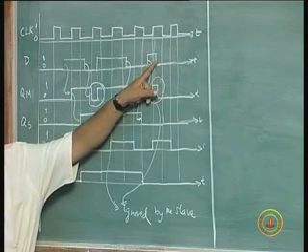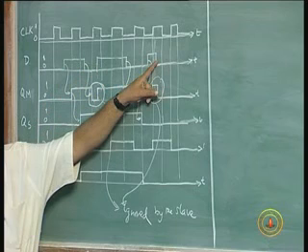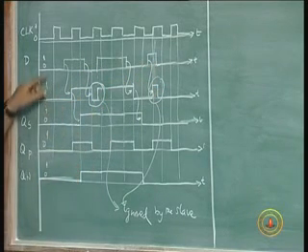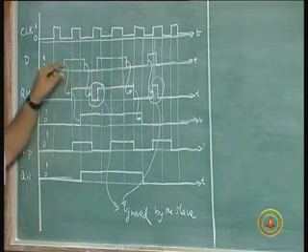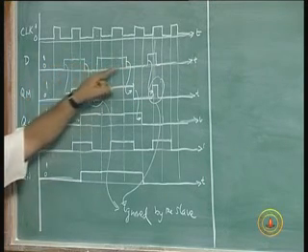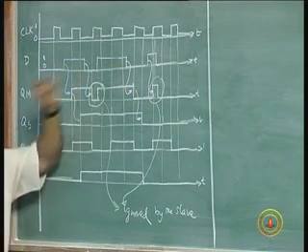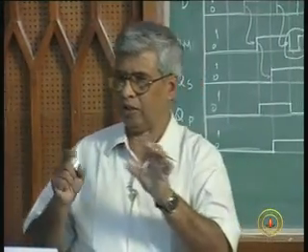This change occurred when the clock was low, and this one when the clock was high, ignored. That means as if this input change and this input change, which are both of the value when the slave becomes active, when the clock is 0, these are the ones which are reflected.